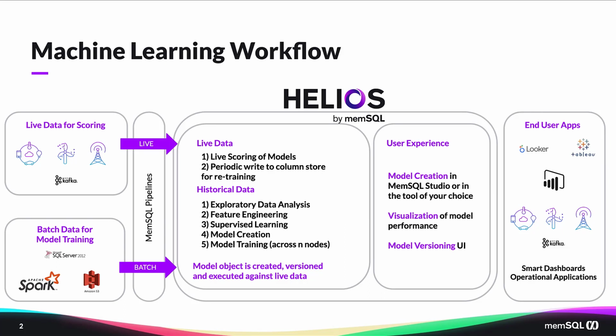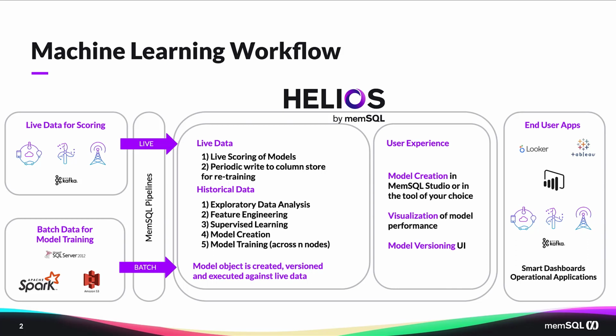From a user experience standpoint, this could be done either in MemSQL Studio with various different machine learning options that you have within the database itself, or it can be done with the tool of your choice, like AWS SageMaker, like we'll discuss today, TensorFlow, or Azure ML.